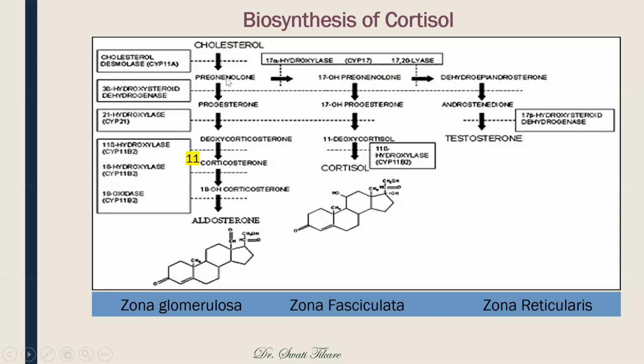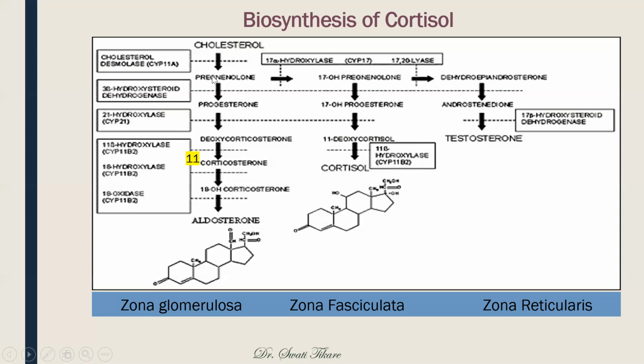So this is our pathway: cholesterol, pregnenolone, 17-hydroxypregnenolone, and 17-hydroxyprogesterone. Further, one more enzyme, 21-hydroxylase, converts it to 11-deoxycortisol. This is the immediate precursor of cortisol, which has some of the actions of cortisol. Then 11-deoxycortisol is converted to cortisol by 11-beta hydroxylase.